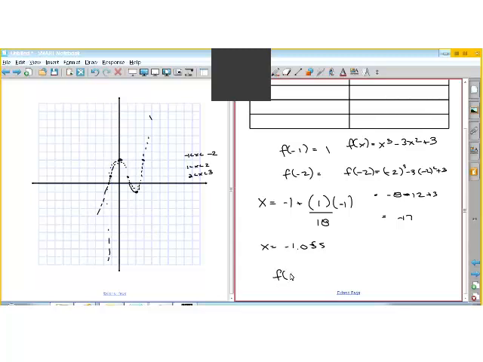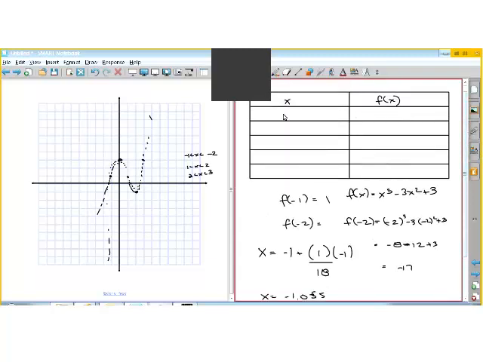So then you plug that into the equation. So what we want to do is find f of -1.055. And when you work it, you'd set up your calculator to have enough space that you could change these numbers maybe to the third decimal point. -1.055, quantity cubed, minus 3 times the quantity -1.055 squared, plus 3, and I push enter, and I get f of x is -1.51.